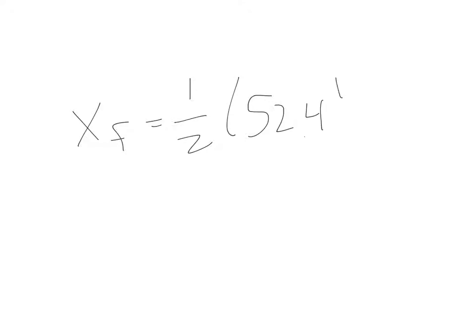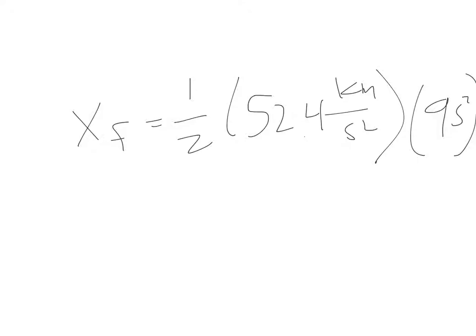Remember how I said the first two terms are pretty much going to cancel out. That leaves us with 1/2 times 52.4 kilometers per second squared, and we've got 9 seconds squared.